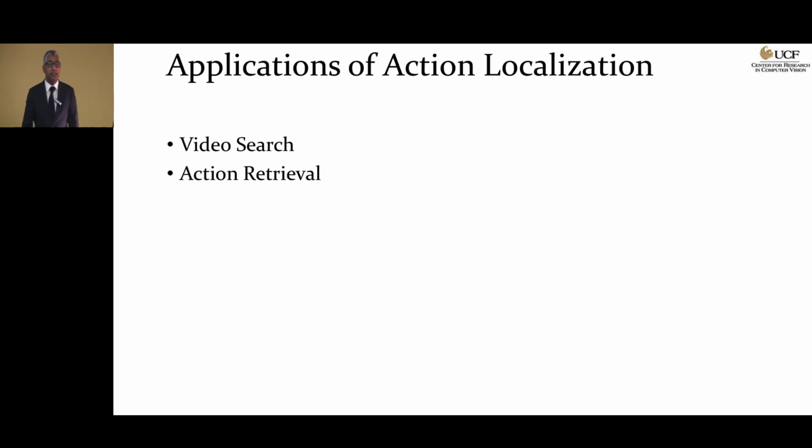Now, there are a number of applications of action localization. For example, you can use it to search in a video. When you know the action, you can use the features to learn an action and then search in a video. You can use action localization to retrieve actions, as well as perform human-computer interaction, where the computer understands what the human is doing and then tries to respond to those actions.